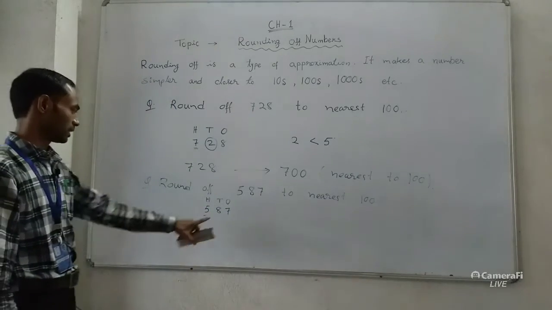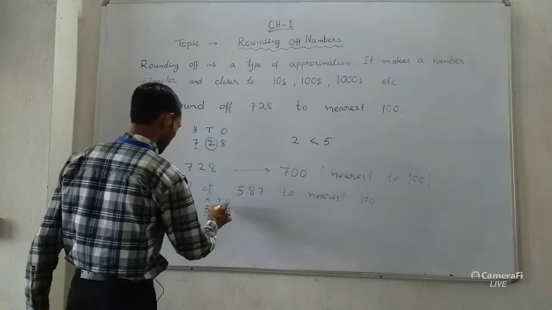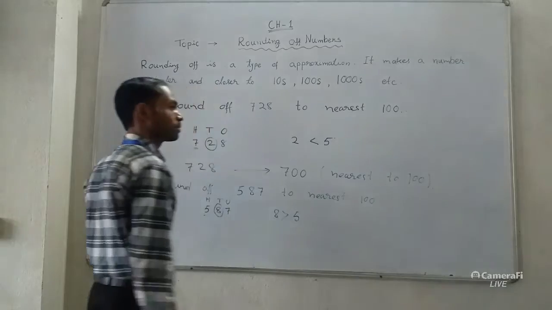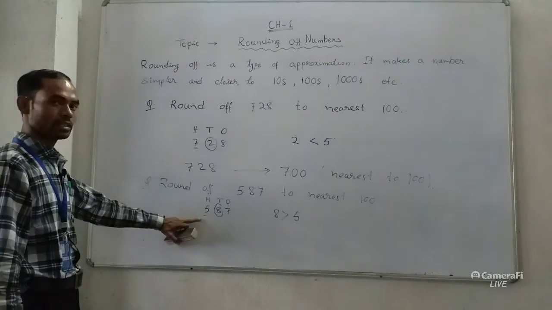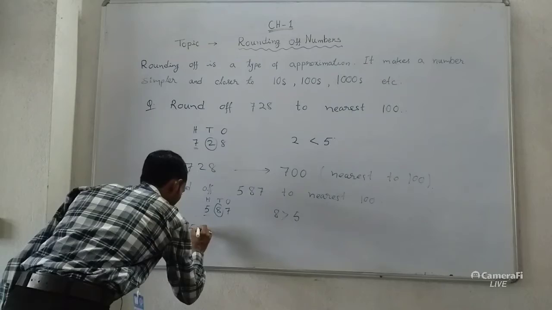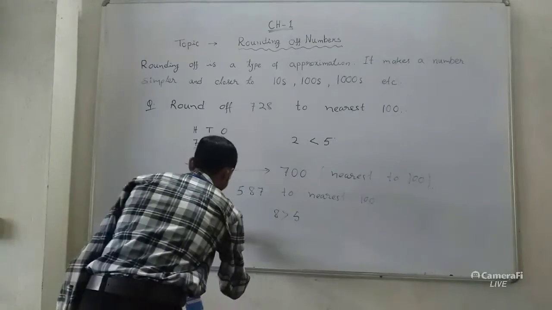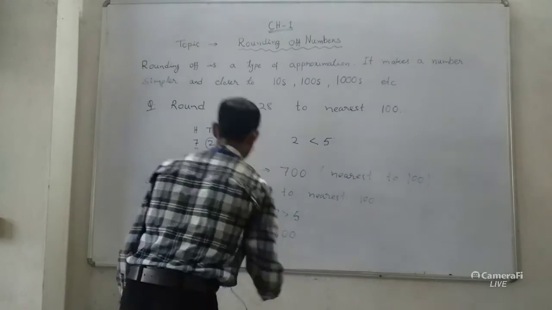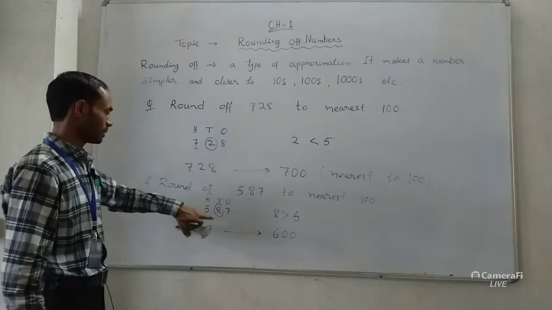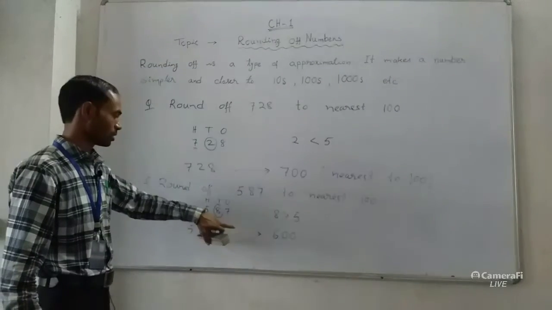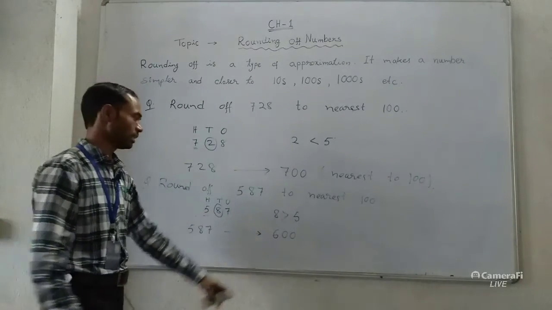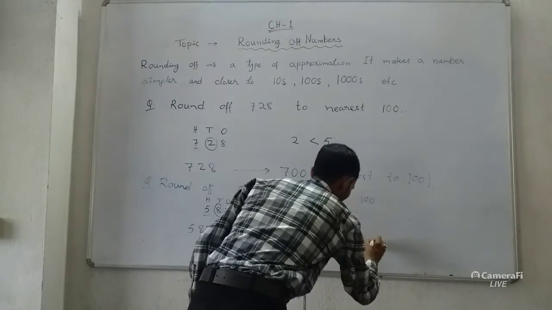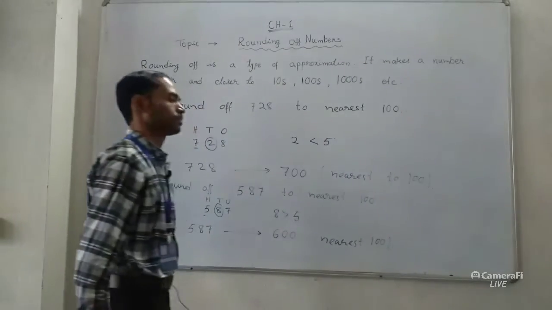We check the tens place digit, which is 8, and it is greater than 5. So the hundreds place digit will increase by 1. So 587 rounded off to 600: 5 will increase by 1 and the remaining 2 digits, tens place and ones place, become 0. So 587 becomes 600, nearest 100.